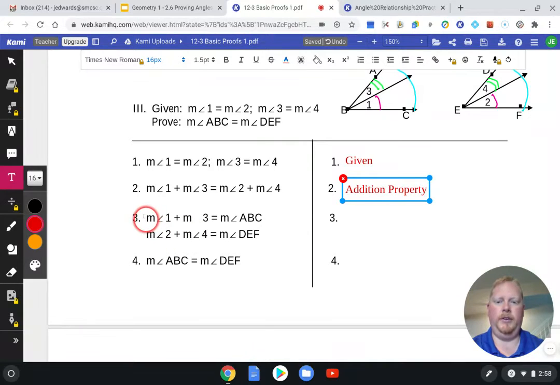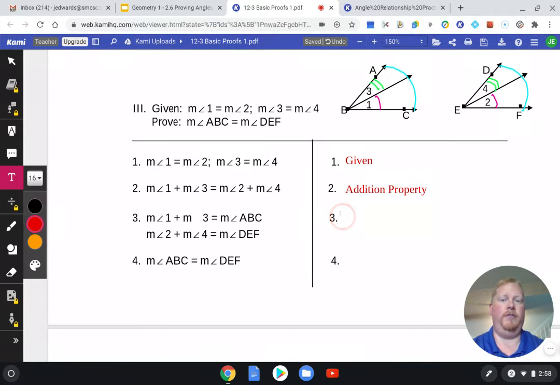So then step 3, the measure of angle 1 plus the measure of angle 3 equals angle ABC. Well, if we take a look at our diagram here, angle 1 plus angle 3 equals that whole big angle. That is our angle addition postulate. If I've got two angles right next to each other, they make up the big angle.